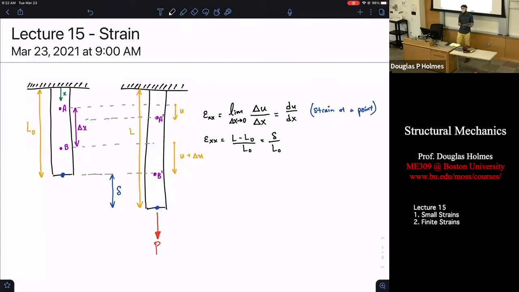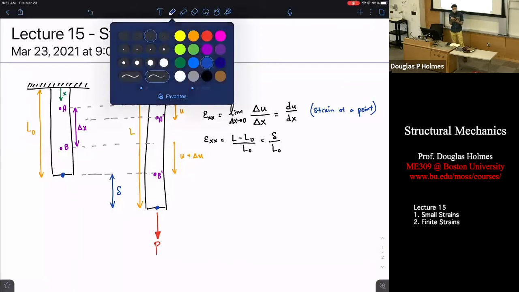This should be familiar. This is the mechanics of materials definition of strain. And this is uniform strain.